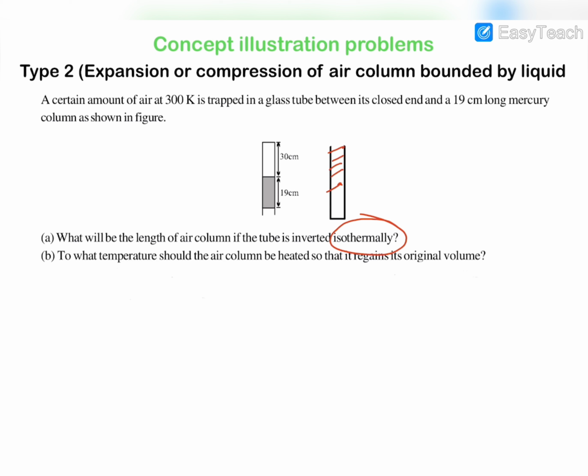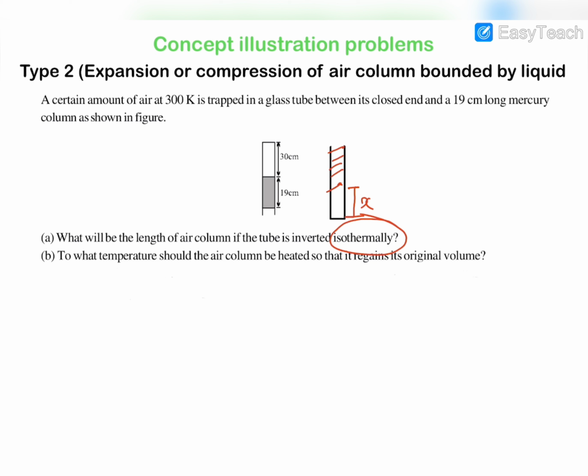So you can see obviously that this air would be compressed, and you always have to consider this process as an isothermal process, which means the temperature remains constant in such inversions.